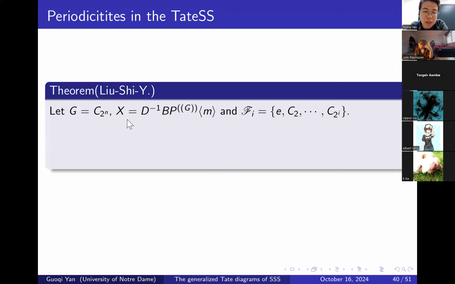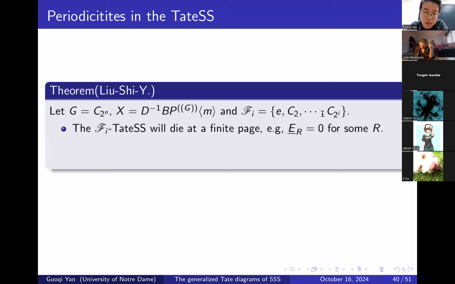So still the same setup: G is a cyclic 2-group, X is the Hill-Hopkins-Ravenel theory, and F_i is the family from E to C_{2^i}. The F_i Tate spectral sequence will die at a finite page. That tells us all the differentials have bounded lengths.